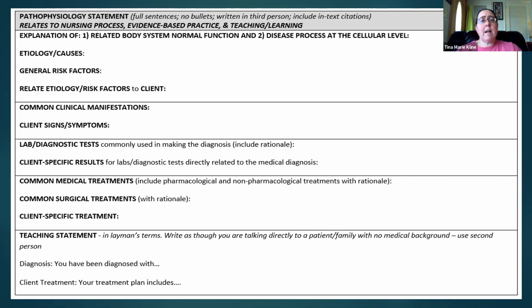Then when you get to the disease process at the cellular level for COPD, you need to make sure that you're addressing both pieces. There are some key factors to COPD: the mucus production, the increased secretions, the cough. Then you have the problems down at the alveoli where you have the impaired gas exchange.